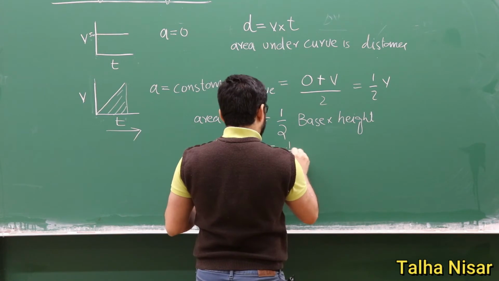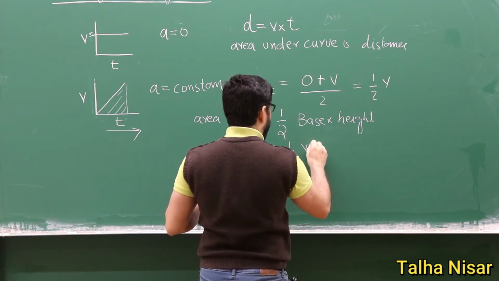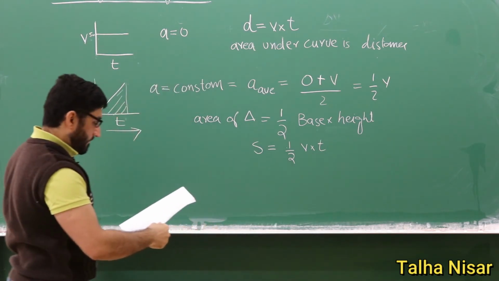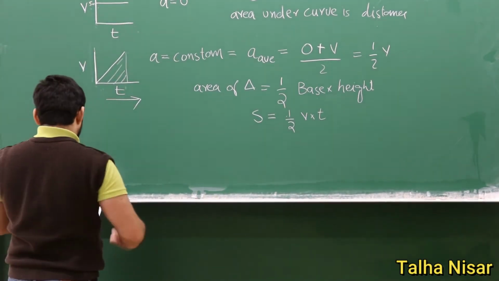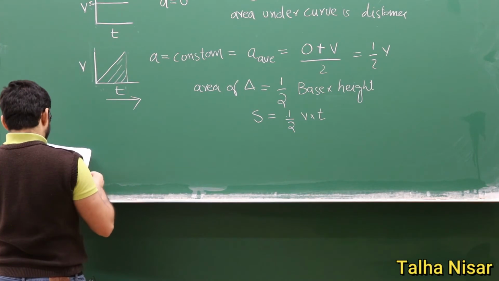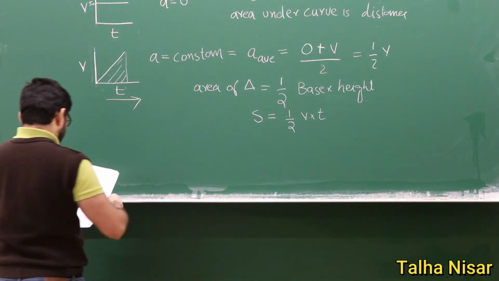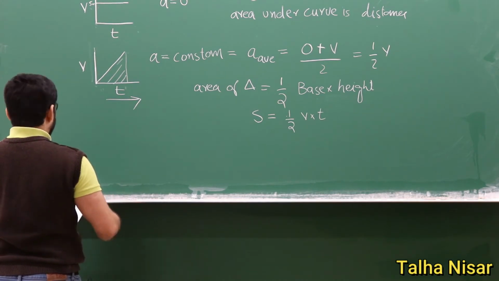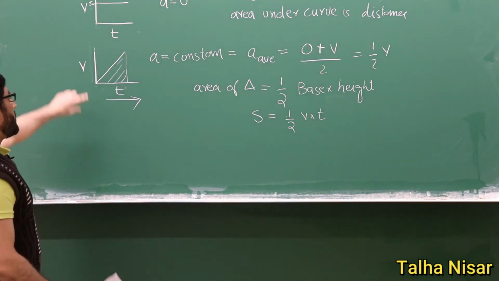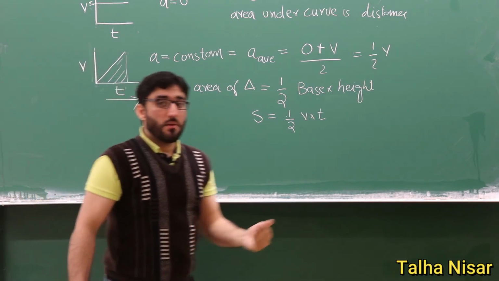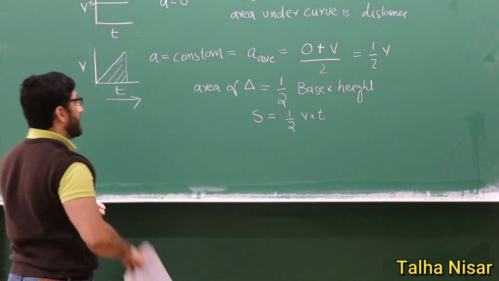So this is 1 by 2 v cross t, and this is the distance that is covered. And the slope of this curve is also the acceleration here. In this case, the slope is the acceleration.